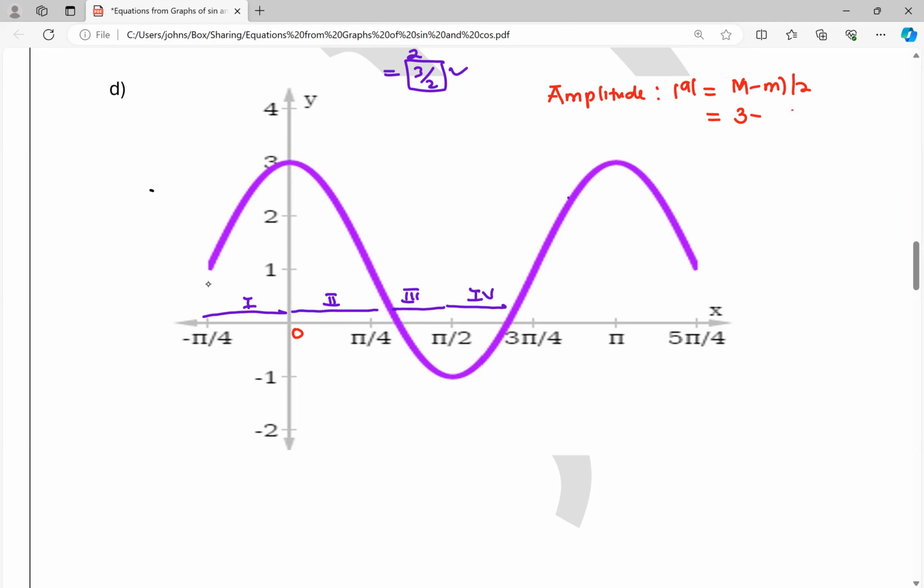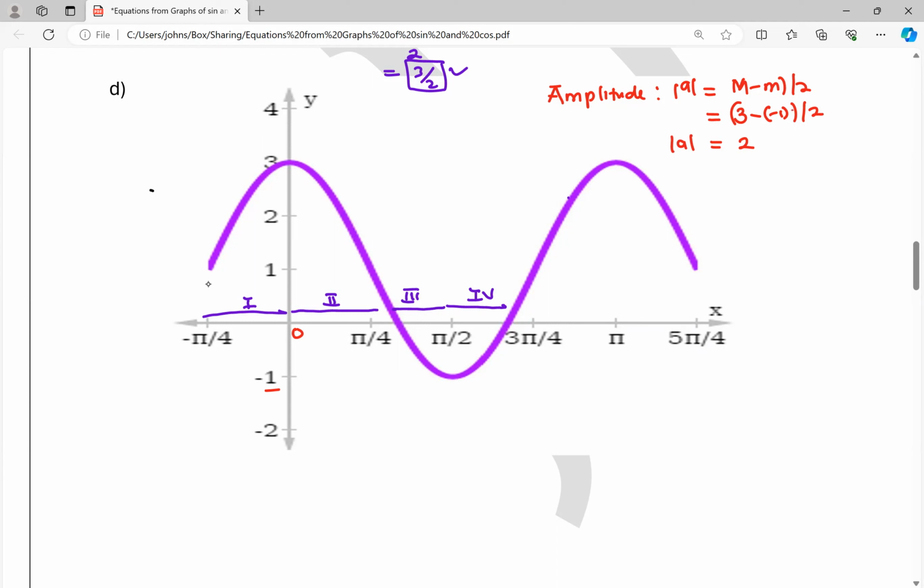Minimum value, you can see the minimum here is minus 1. So you have minus 1, everything divided by 2. And this is going to be 3 plus 1, 4. 4 divided by 2. So this is going to be 2, right? The absolute value of A is equals to 2.